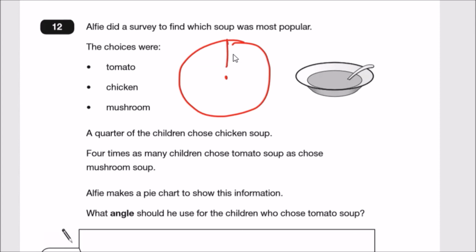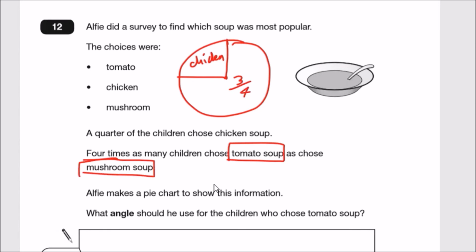So firstly, a quarter chose chicken. This means 3/4 chose between tomato and mushroom. Now it tells us here that 4 times as many children chose tomato soup than chose mushroom. So if we were to distribute 3/4, let's call this x, as in x lot went to mushroom.